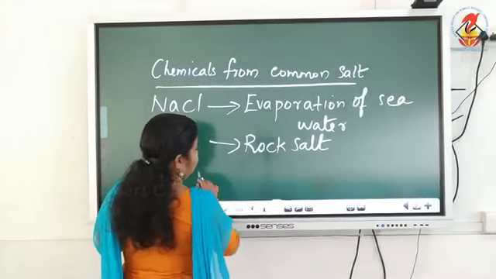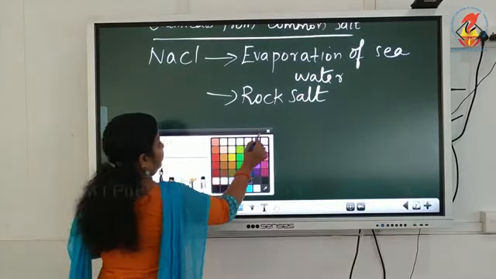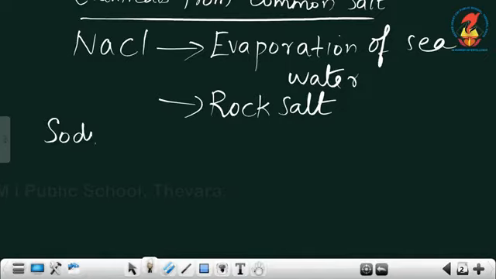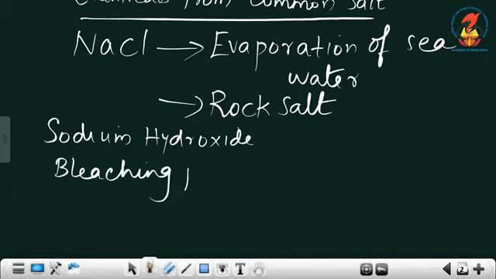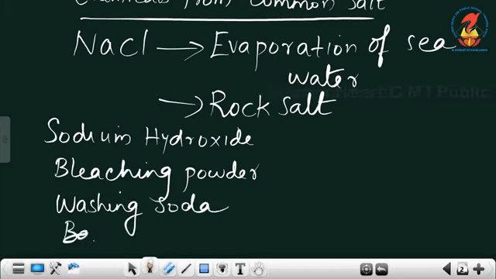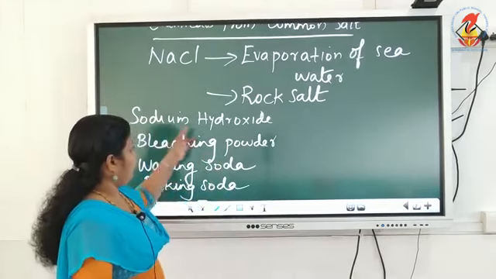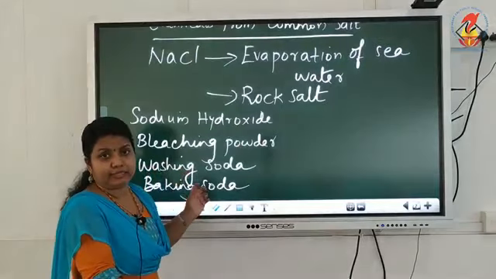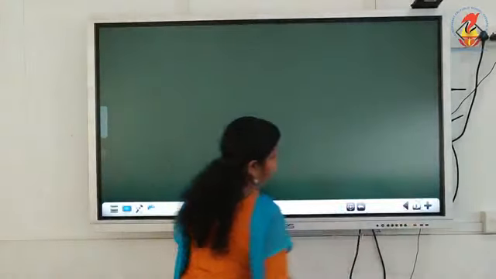This is an industrially very important raw material for the production of different substances like sodium hydroxide, bleaching powder, washing soda and baking soda. Now one by one we have to see about each of these chemical substances.